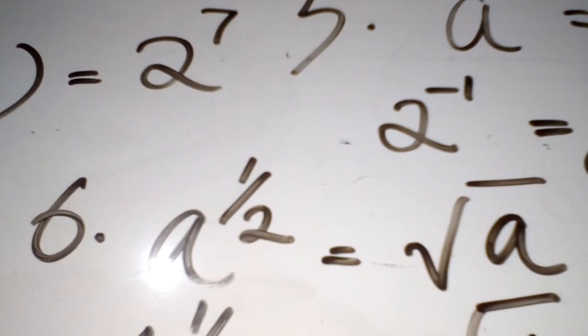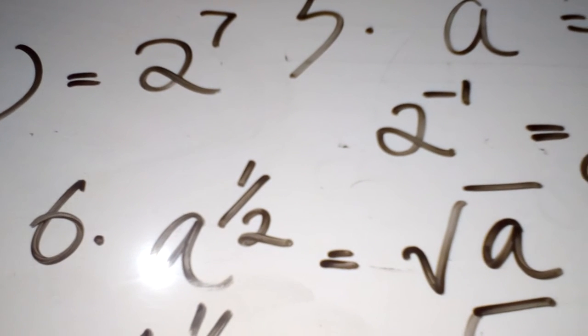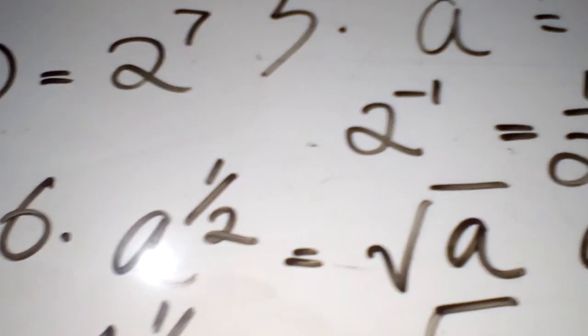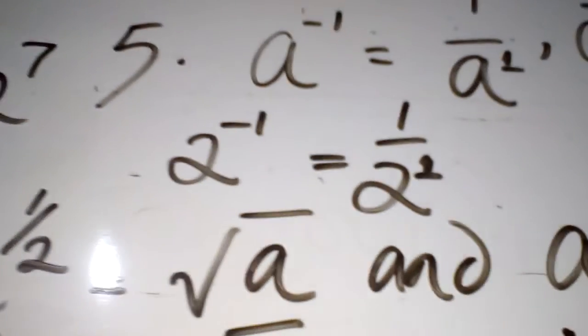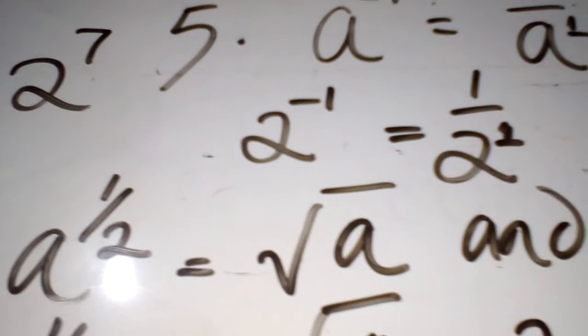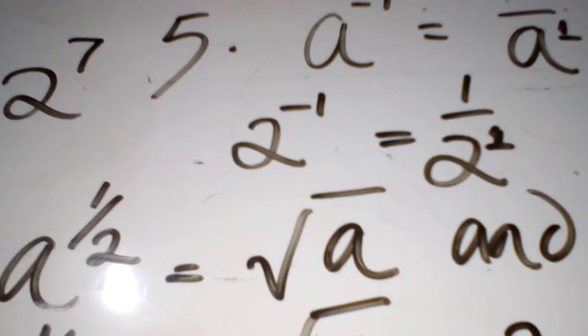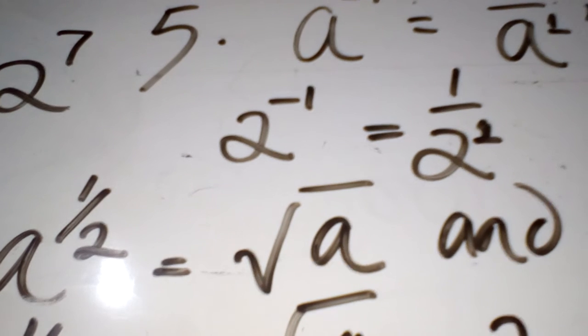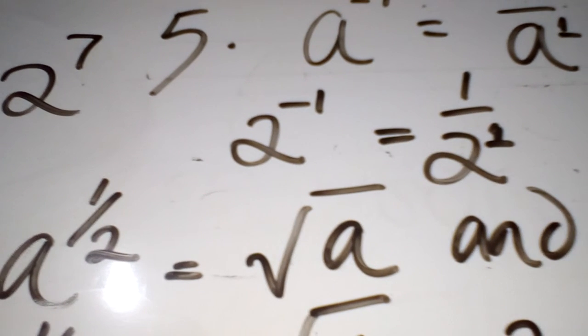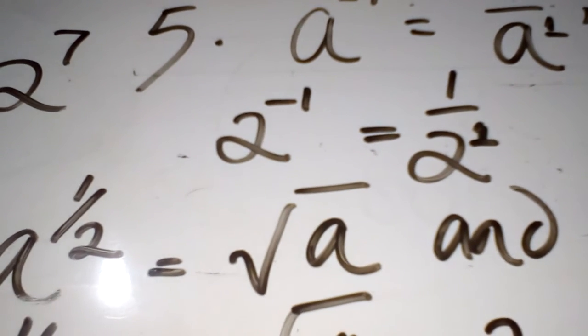Rule number 6. You have an index which is a fraction, a to the power half. How do you represent it? Basically, any digit to the power half is basically a square root. So when you have a to the power half, you're simply saying find the square root of a.